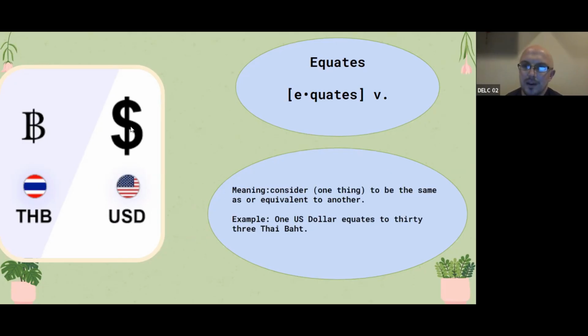So for this example, if we want to compare Thai baht to US dollar, we can say something like this: $1 equates to 33 Thai baht. So it is almost the same as saying $1 equals 33 Thai baht.